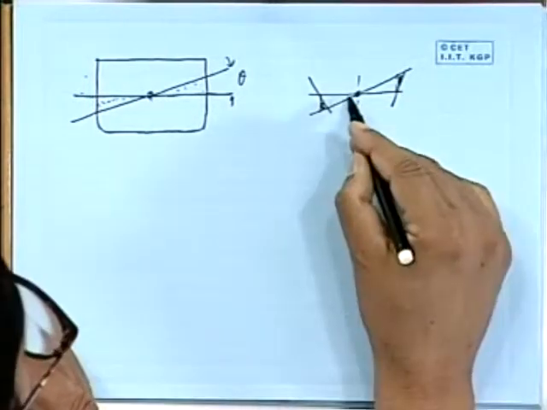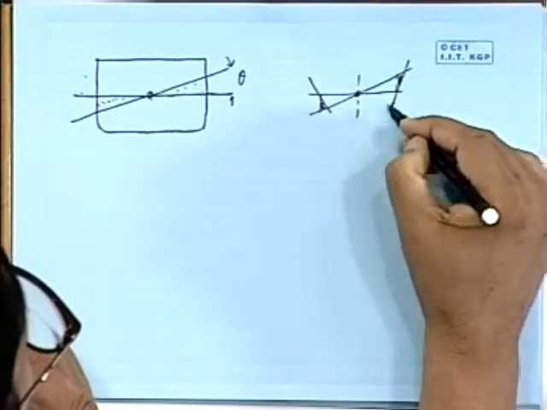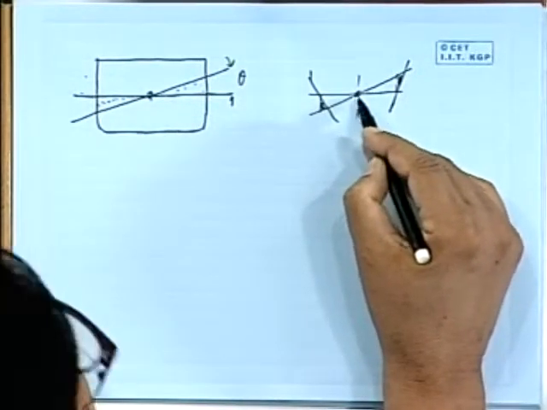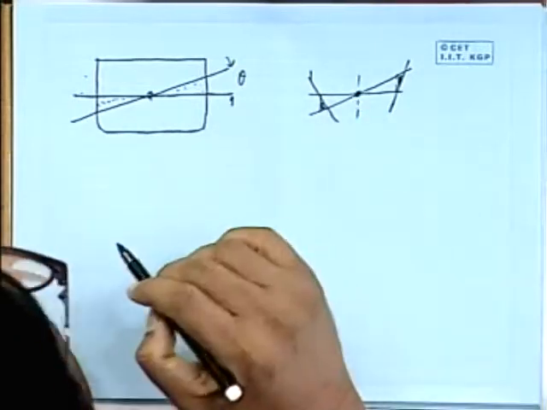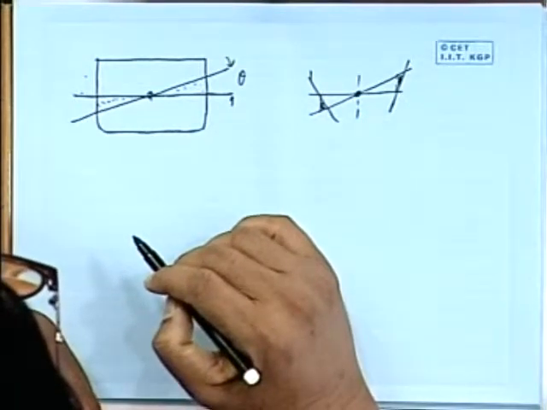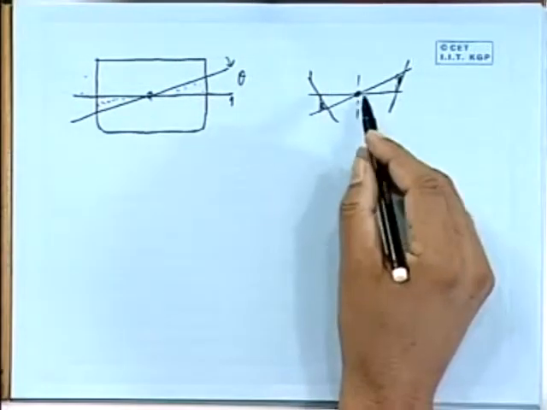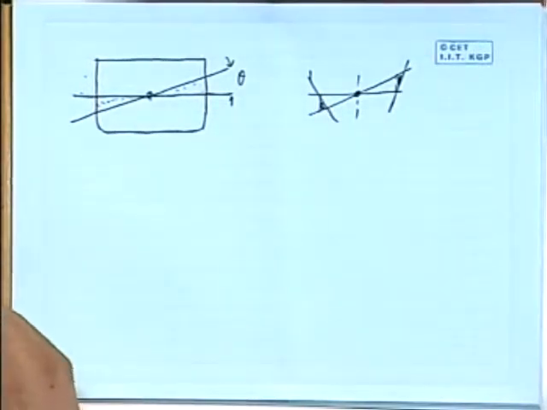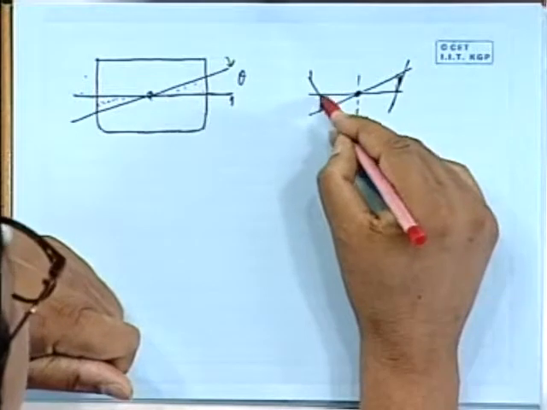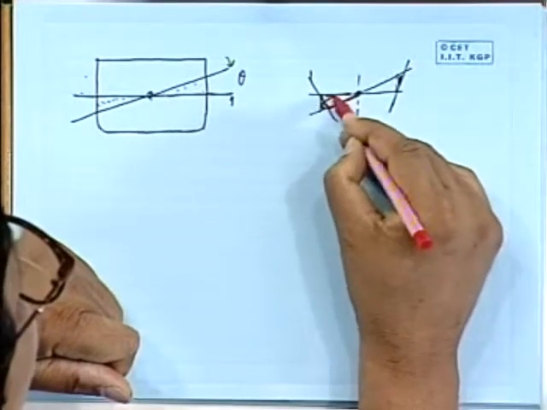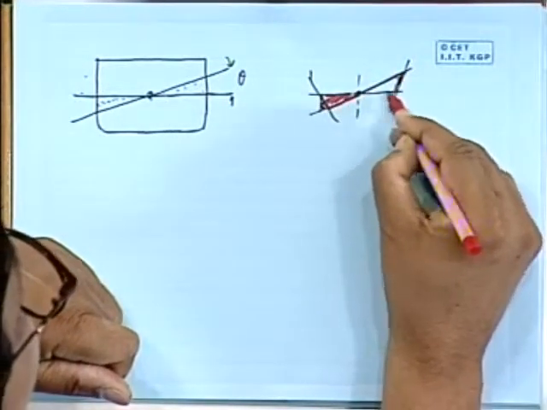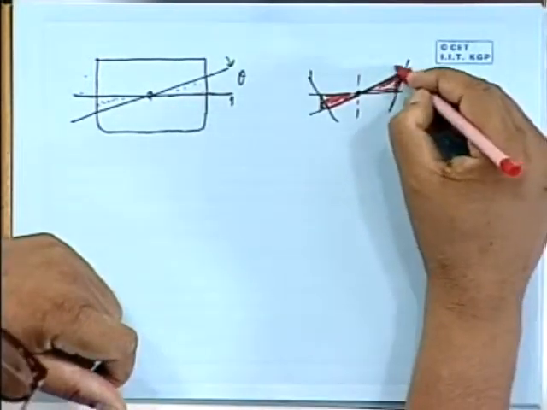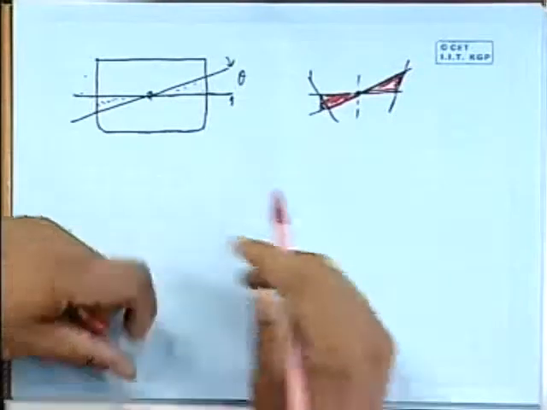So if the hull was like this, inclined, these two lines will not cross at the center line. The reason is because, again, our requirement is that this must be same as this, but it is not so, because the shape is changing.